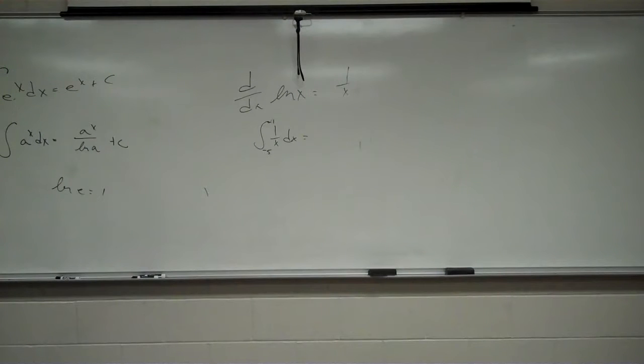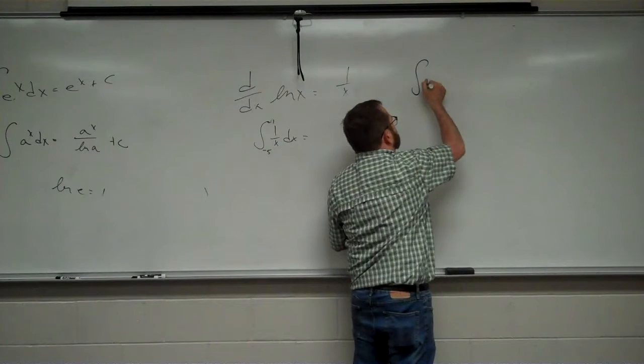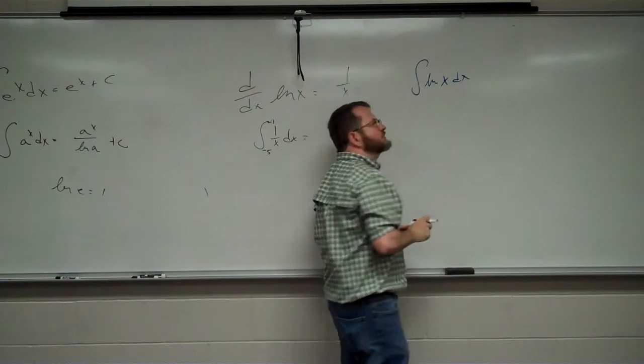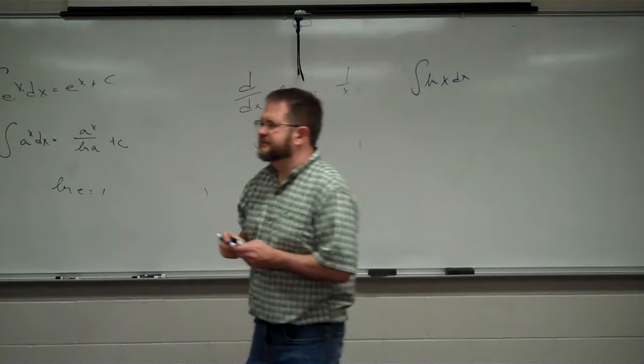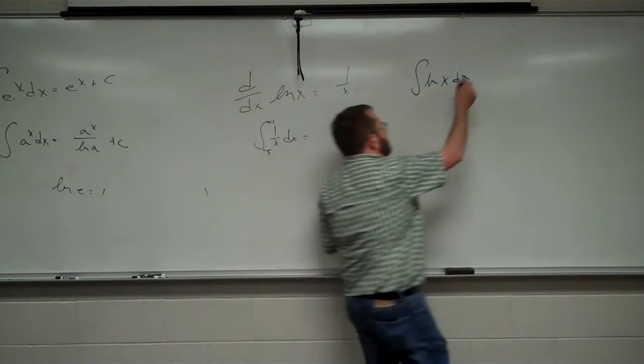But it seems like more of a thing to know what is the integral of the log of x dx. And that's the one that I always get confused. I was telling you before about that x versus 1 over x dx and all that. The integral of the log of x is one of those things you just can't memorize. Well, you could, but I don't.